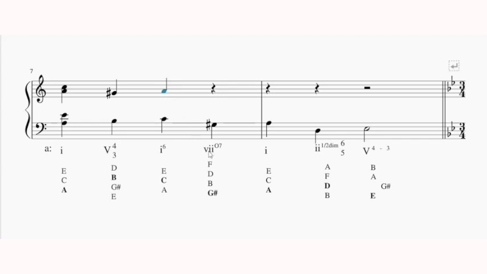For the 7 diminished 7 chord, I am going to use B as a soprano. For the 1 chord, I'm going to move the B up to a C. It's all going in stepwise motion. And for the next chord, I'll do an A as a soprano.